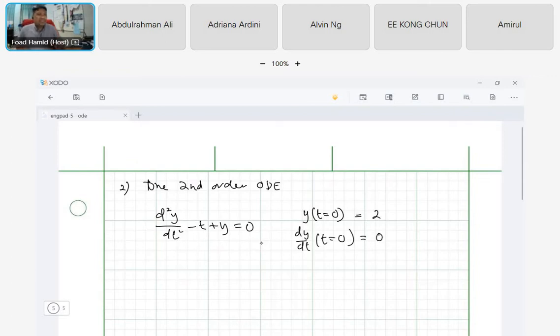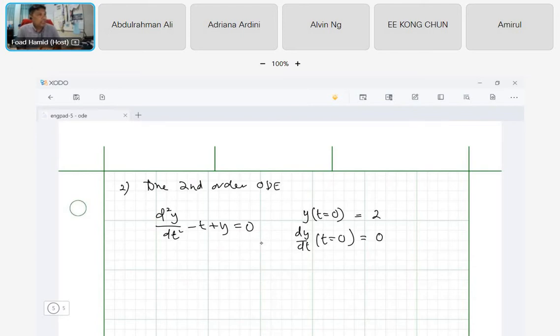So now we need to convert this to two first order ODEs.